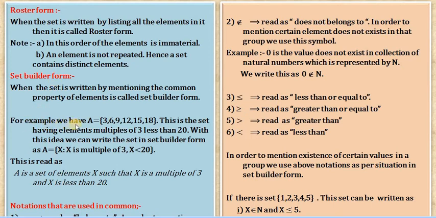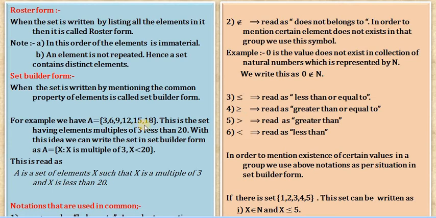For example, we have A is equal to 3, 6, 9, 12, 15, 18. So here A is a set. We can see the elements or values that are existing in A. This form is called roster form. Means you are able to see clearly the elements existing.